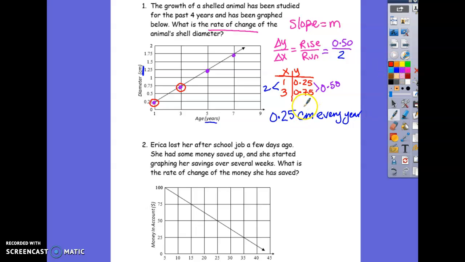So y and the x goes second. Y over x. So 0.25 centimeters every year. Okay, and that's the growth of a shelled animal. That's how much he grows, 0.25 centimeters every year. Got it? Let's do the next one, the one at the bottom.